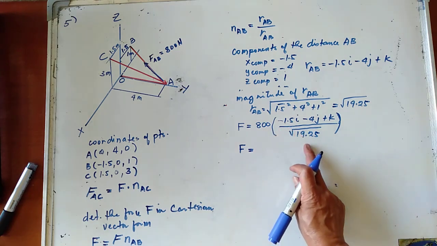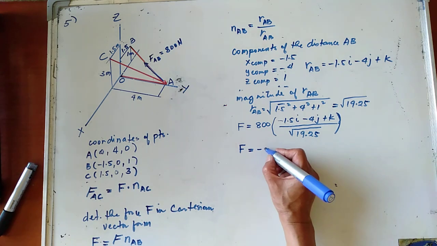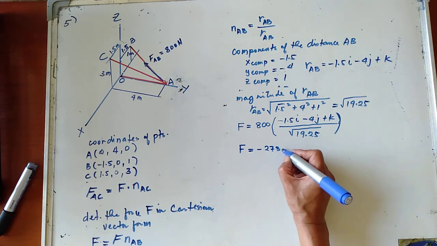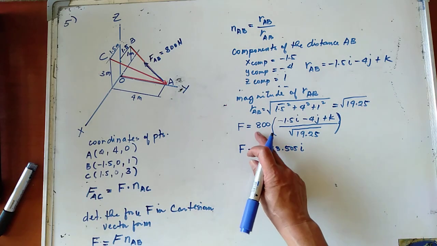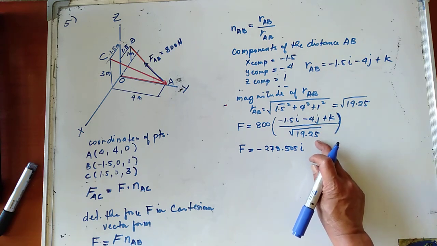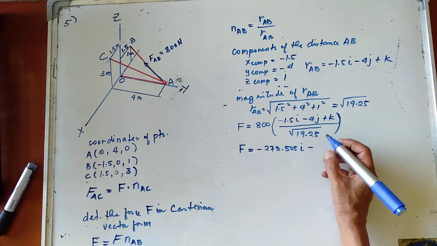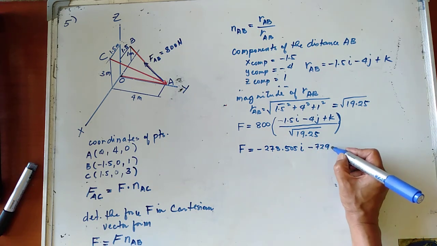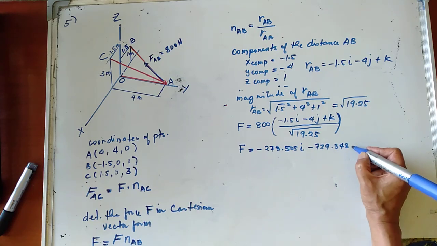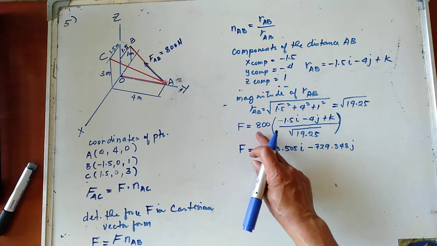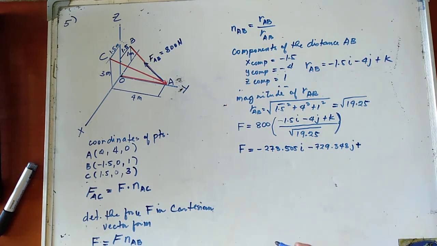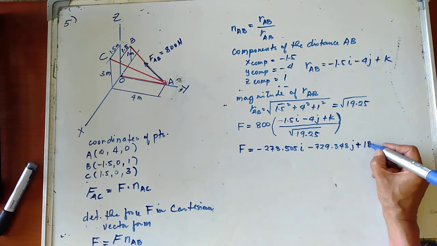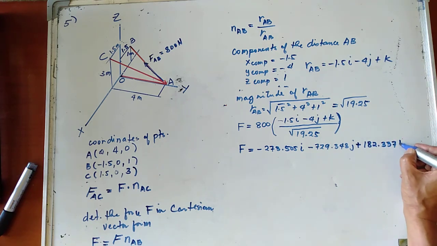And therefore the vector F is now equal to 800 times negative 1.5 over the square root of 19.25, which is negative 273.505i, and then 800 times negative 4 over the square root of 19.25, which is minus 729.348j, and 800 times 1 over the square root of 19.25, which is plus 182.337k.